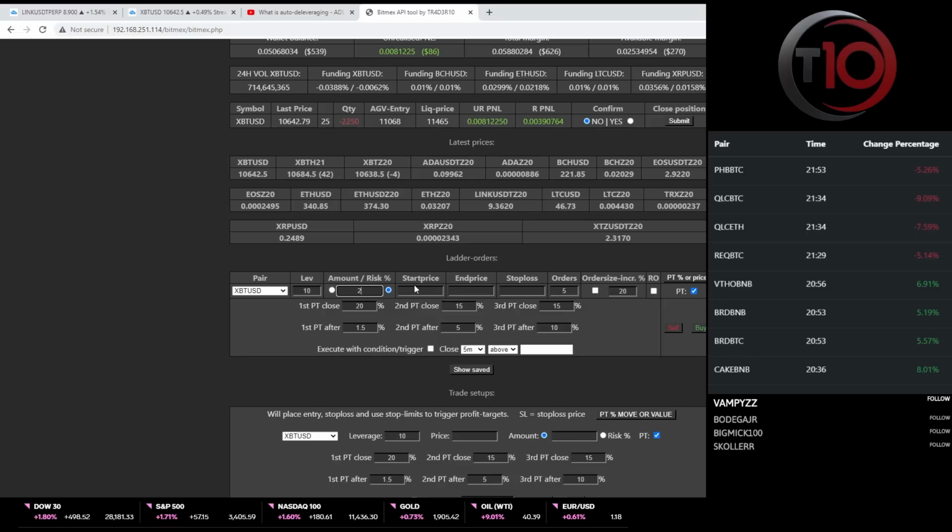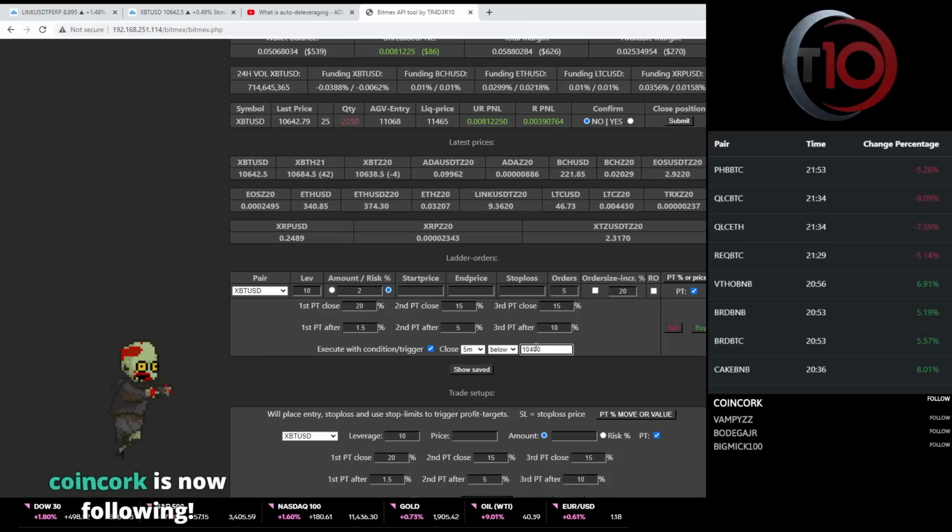Just some random numbers here, and then I can trigger it on a 5-minute close below my existing stop loss. So when price goes below my previous stop loss, this new position is valid. BitMEX will allow me to input this because I don't have any positions then, because it's below my stop loss. So this is a way to trigger orders that are not allowed yet.